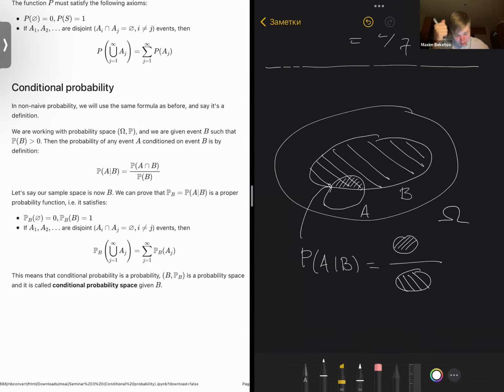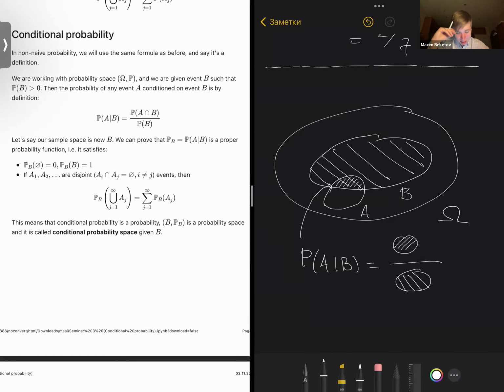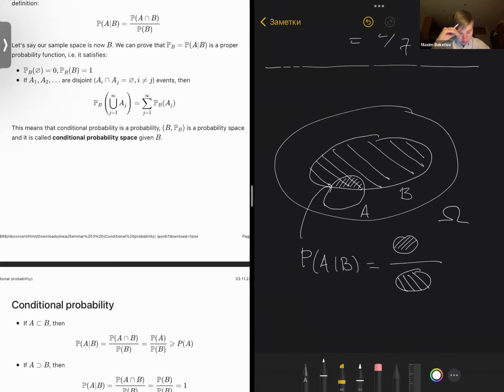And if you consider a collection of disjoint sets, then this formula holds, right? But also, in fact, inclusion-exclusion in general would hold for conditional probabilities. So we see that conditional probabilities are not very different from ordinary probabilities.